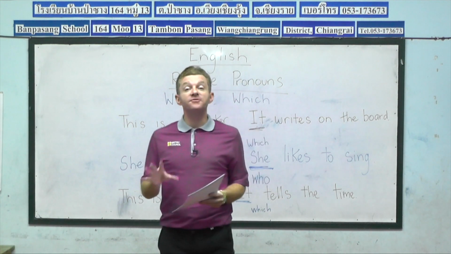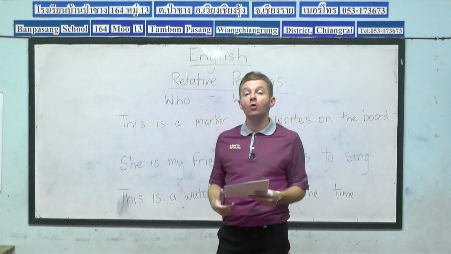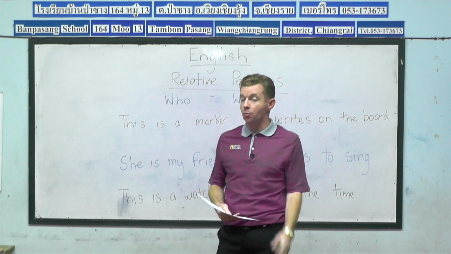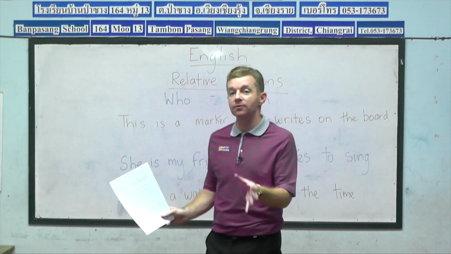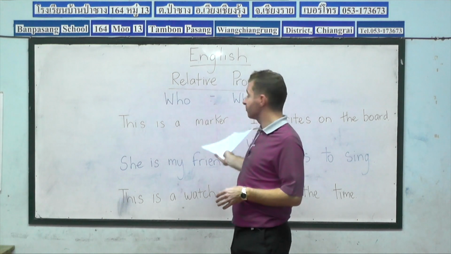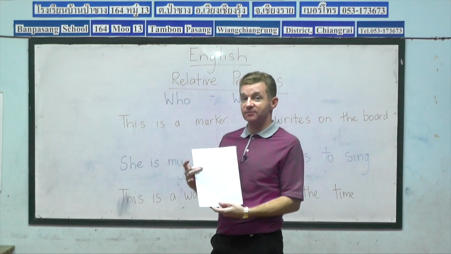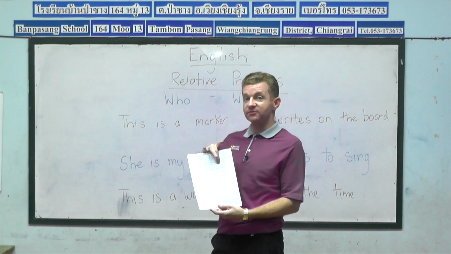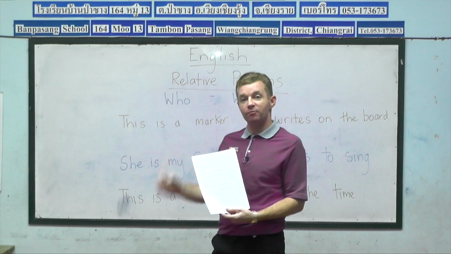And now it's time for our worksheet part of the lesson. So teachers, make sure all the students in your class get their own worksheet. And what they have to do today is demonstrate their understanding of the relative pronouns who or which. We've got a series of sentences, two small sentences that need linking together with the correct relative pronoun.